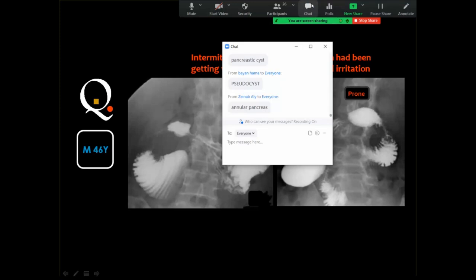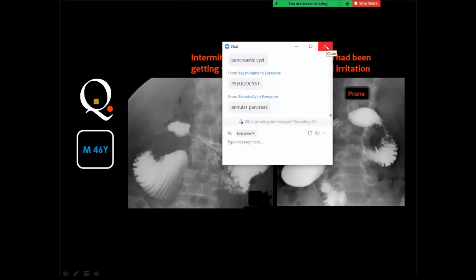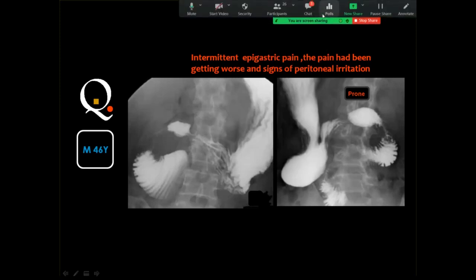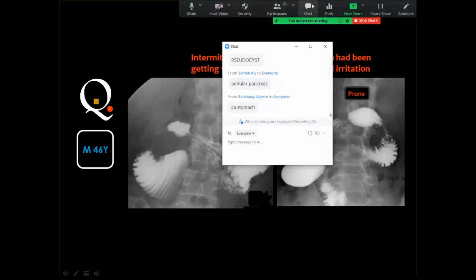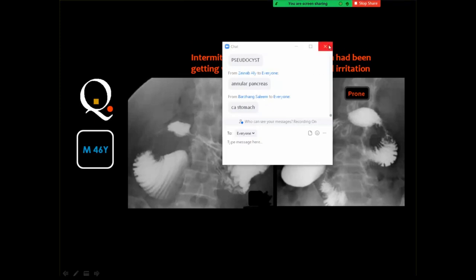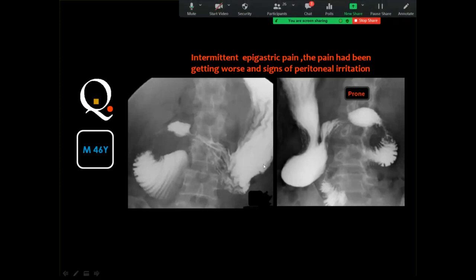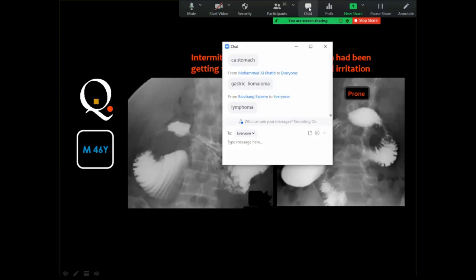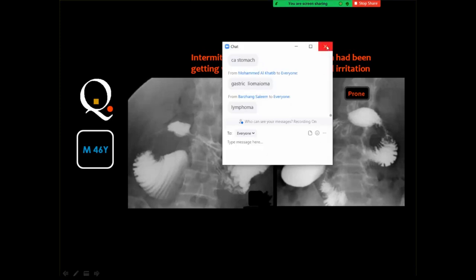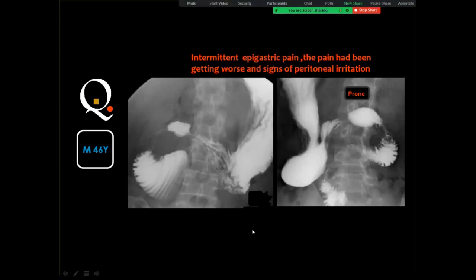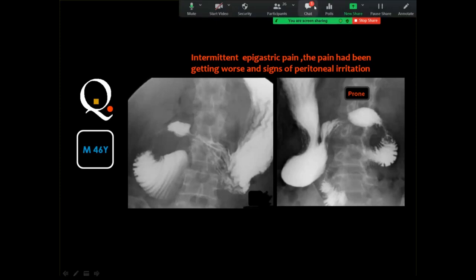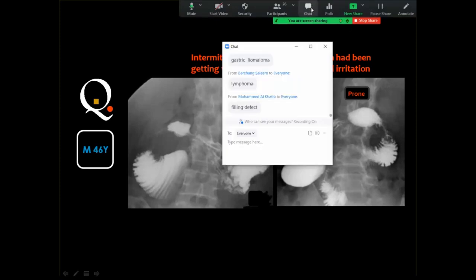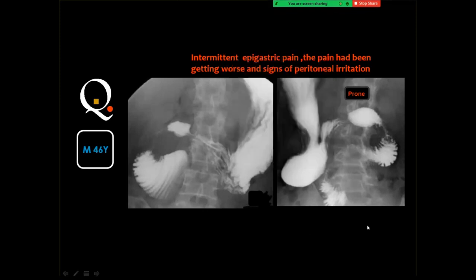Now, an annular pancreas is not relieved by the prone position. No, this is not carcinoma of the stomach. The stomach is good, and the mucosal surface is intact. No, and this is not lymphoma. I know that you are not familiar with barium studies, but this is a classic appearance of superior mesenteric artery syndrome.